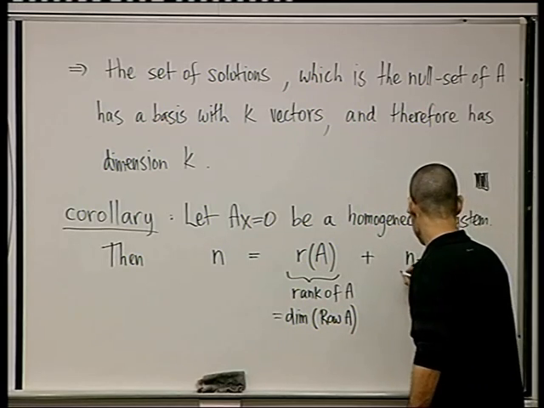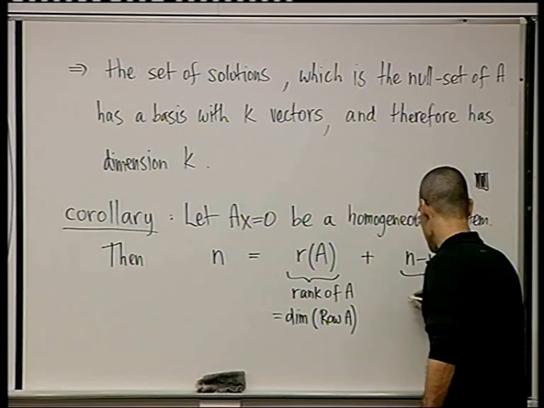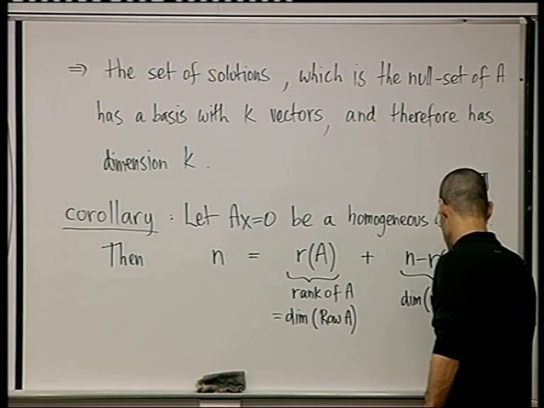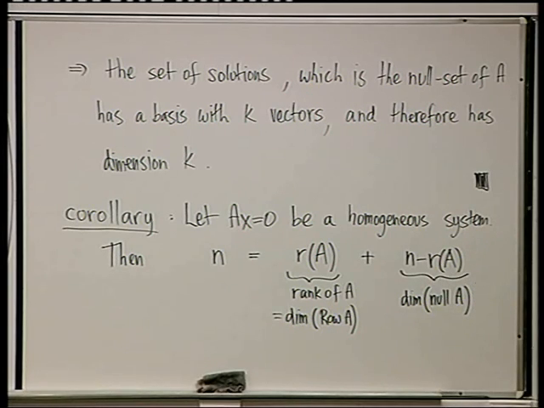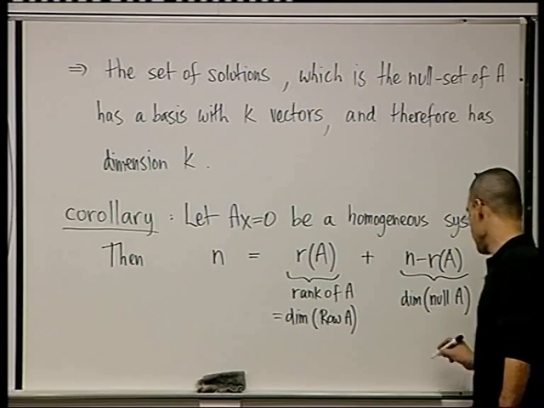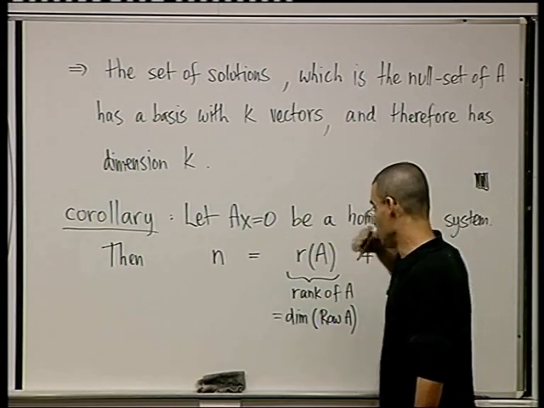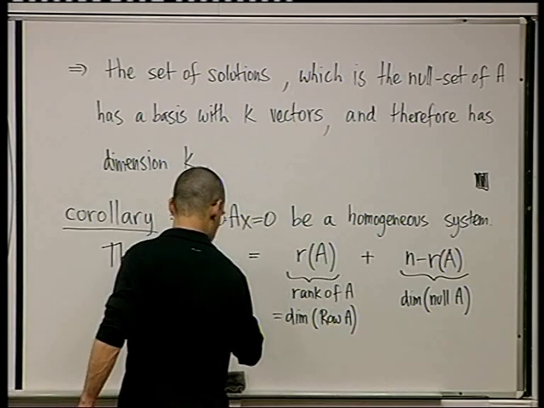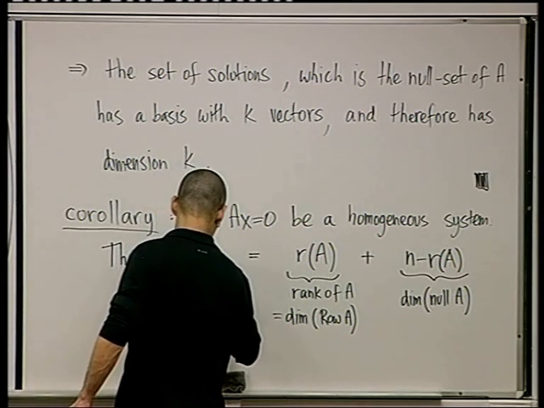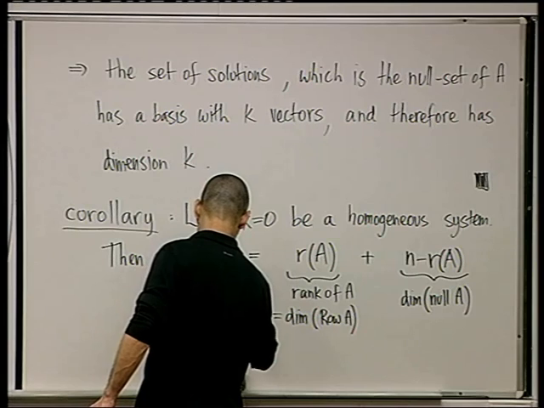And this is the dimension of the null space, which is sometimes denoted by null A. And this is the number of variables.